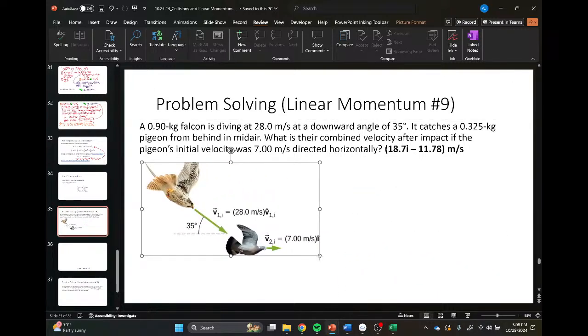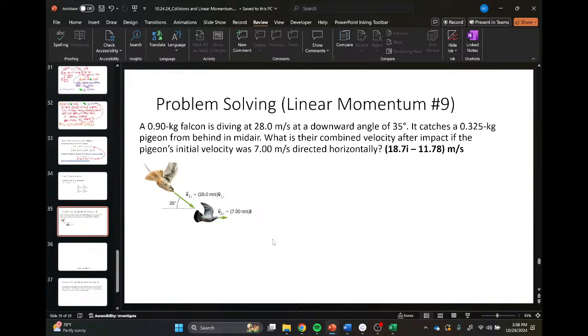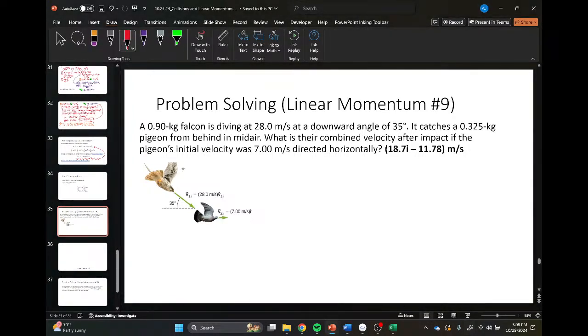First step is draw a picture. I drew the initial. You draw the final. What does my situation look like at the end?